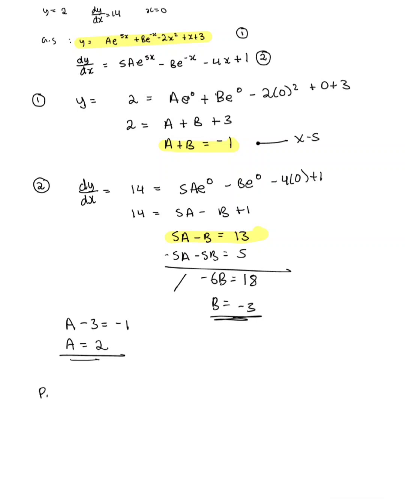So our particular solution would be y equals, sorry, I didn't substitute the values in. So 2e to the power of 5x minus 3e to the power of minus x minus 2x squared plus x plus 3.